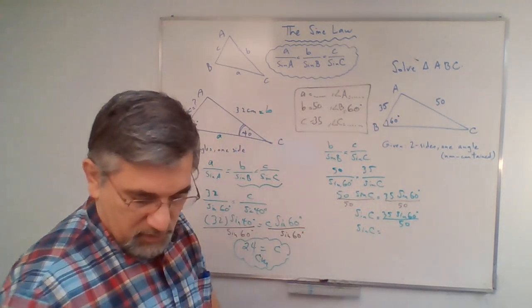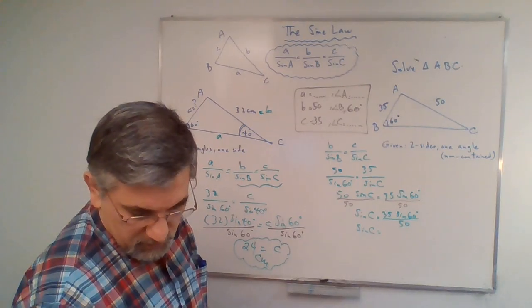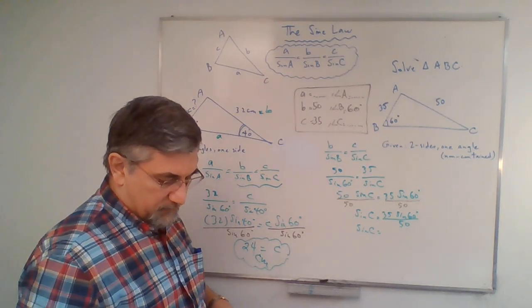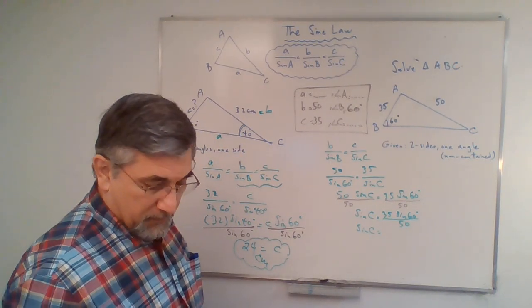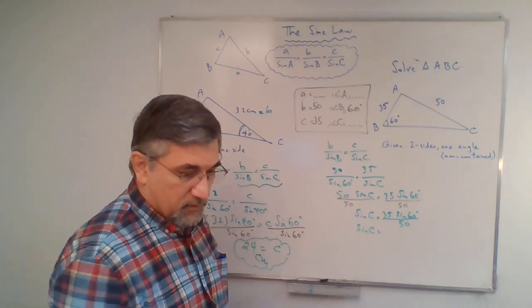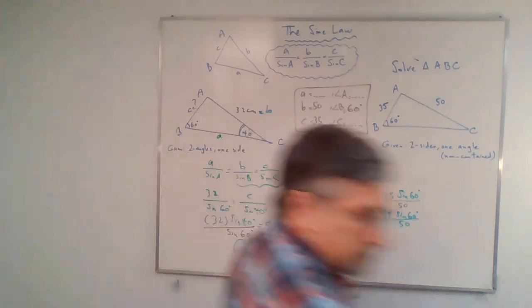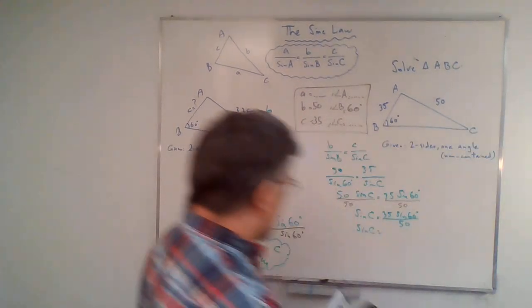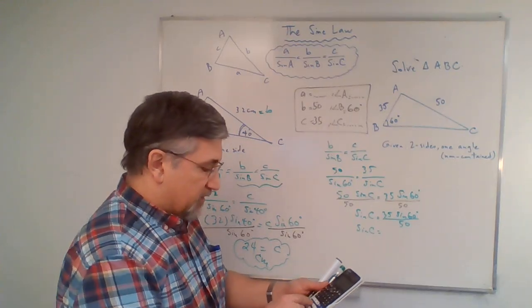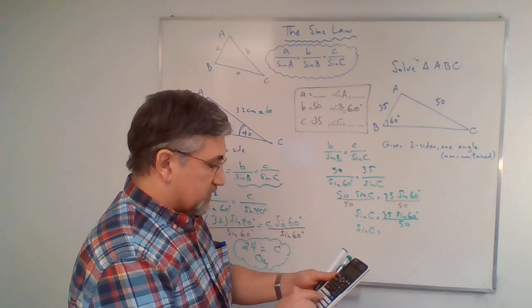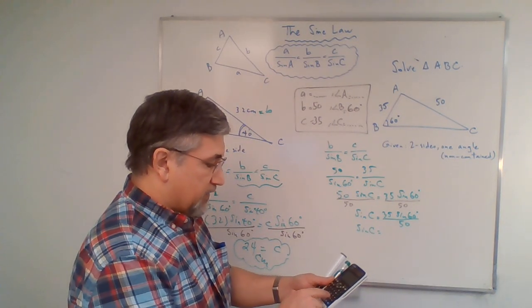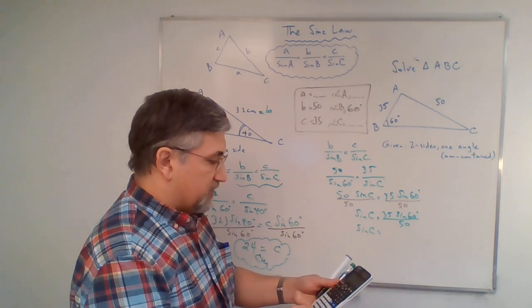So again, we need to use a calculator very carefully to see what this answer will be. So 35 times sine of 60 divided by 50.